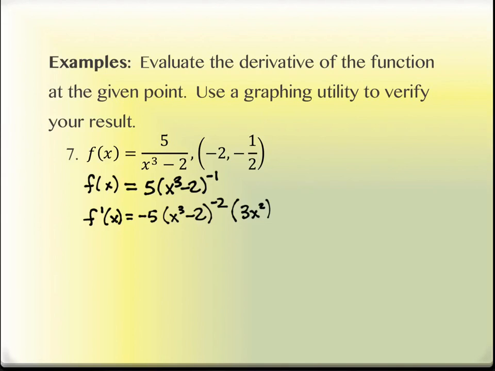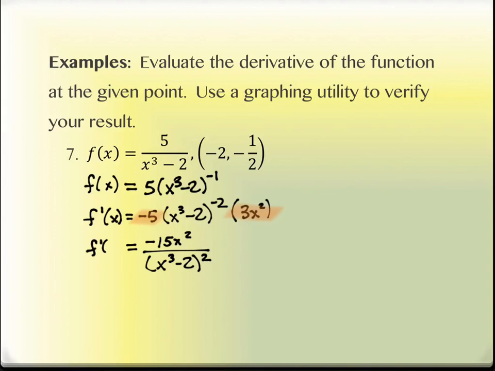So I would probably clean this one up a little bit just because I think it's kind of messy the way it looks right now to me. So I would multiply these two pieces together, which gives me a -15x squared. And then my denominator is x cubed minus 2 squared. So that would be a cleaned up version of the derivative.